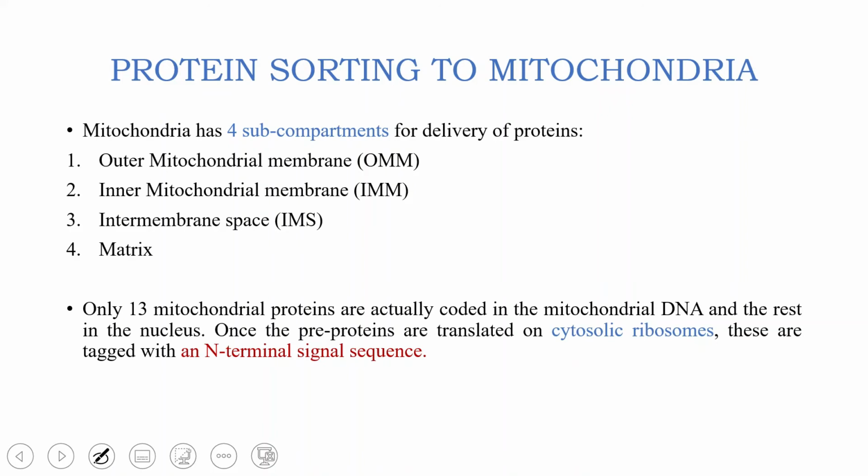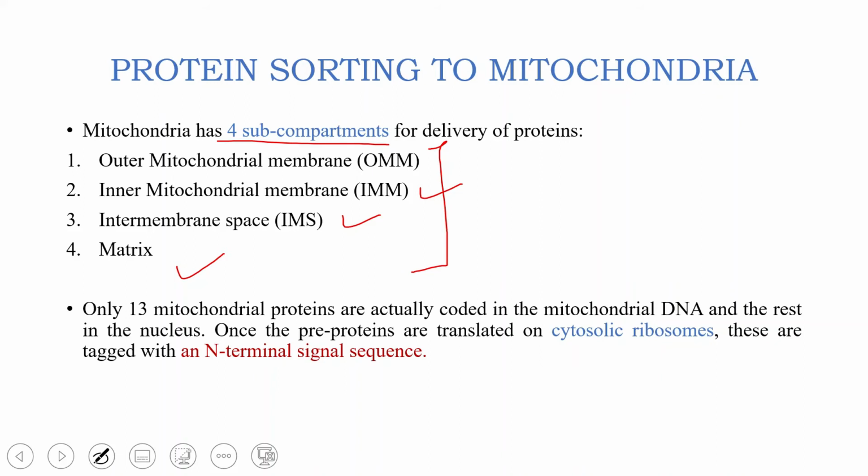So basically mitochondria has 4 subcompartments for protein delivery. Proteins synthesized in the cytosol can be delivered to 4 different compartments in the mitochondria. These are the outer mitochondrial membrane, the inner mitochondrial membrane, the intermembrane space, that is the space between the 2 membranes, and the aqueous compartment called the matrix.